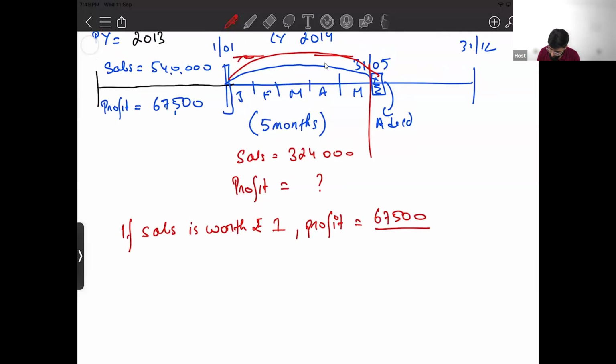So 67,500 is the profit, you divide it by the total sales, so we get rupees 0.125.